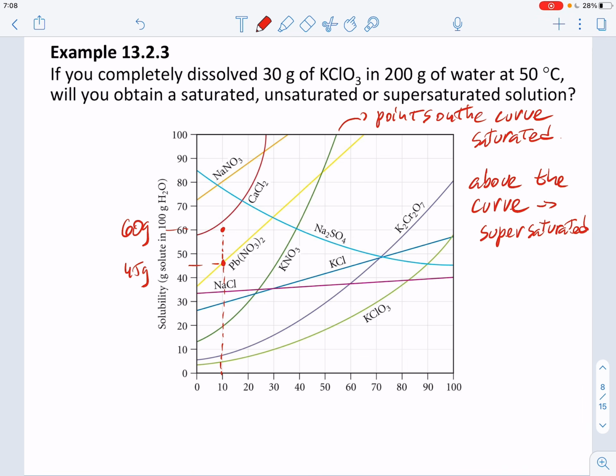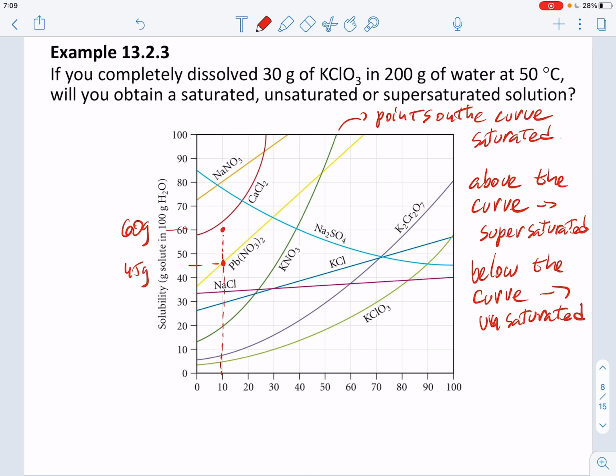Okay? Of course, if above the curve is supersaturated, then below the curve is the unsaturated region. Okay, so once again, points on the curve are saturated.